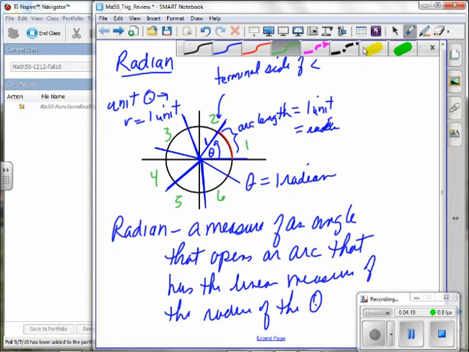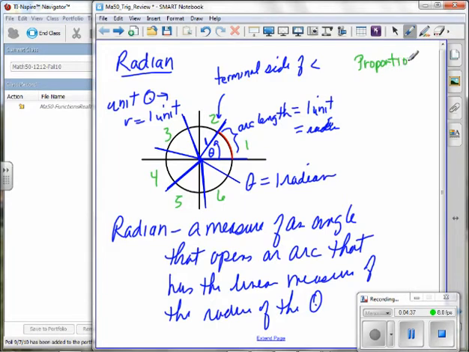I want to figure out exactly how many of those, and exactly is what I'm going for, but I want to know approximately too. Okay, so now we're going to set up a proportion. Not the linear proportion that I did when I was learning trig from a table.